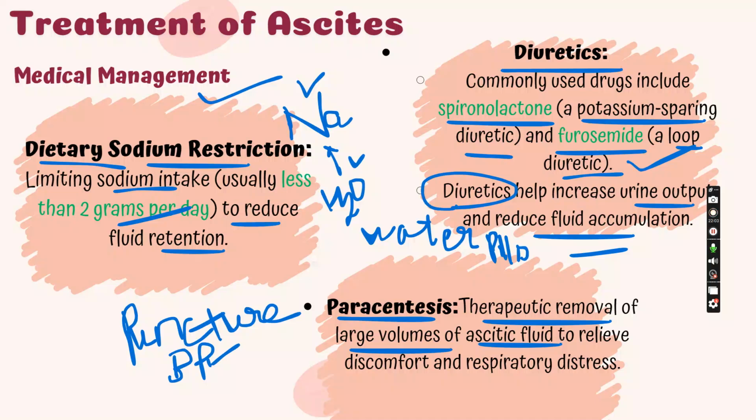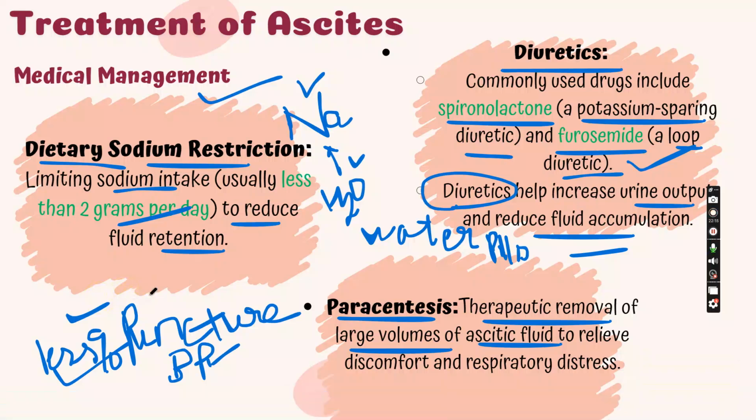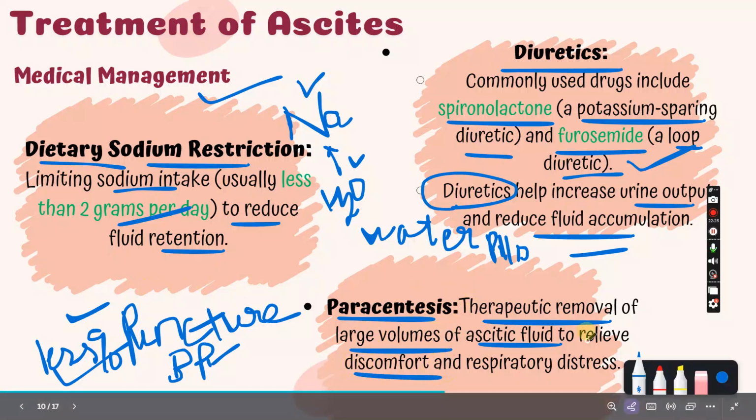So if the BP drops below 90, we have to immediately stop paracentesis. If we continue to do it, then the patient can go into a hypotensive state. The reason for doing paracentesis is to relieve discomfort and respiratory distress.